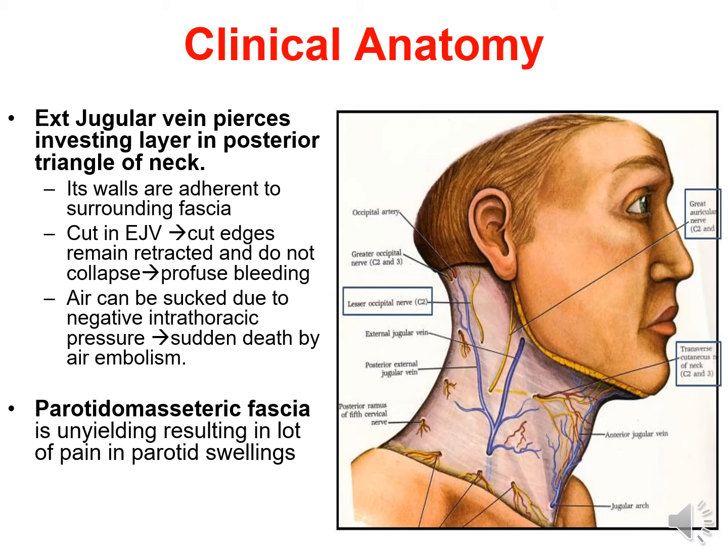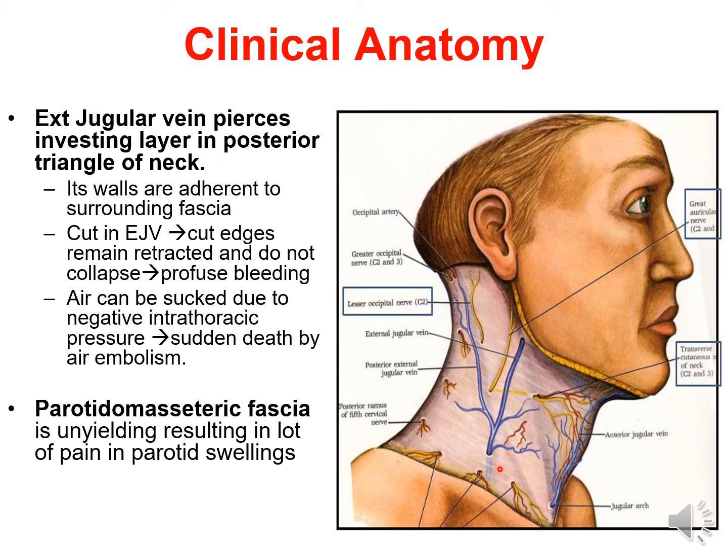A word about the clinical anatomy of the investing layer. The external jugular vein will pierce the investing layer in the posterior triangle of the neck to go deep inside. While it is piercing the investing layer, its walls become adherent to the surrounding fascia. So any cut in the external jugular vein, the cut edges will remain retracted and will not collapse.